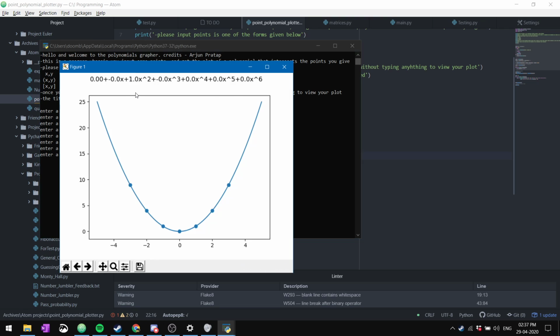So it looks a little weird, but that's just because my display isn't super well written. But it's 0 times x to the 6 plus 0 times x to the 5 plus 0 times x to the 4, and so on. All this, the only term here is 1 times x squared. So if you simplify, this is just x squared, which is exactly the graph I wanted.